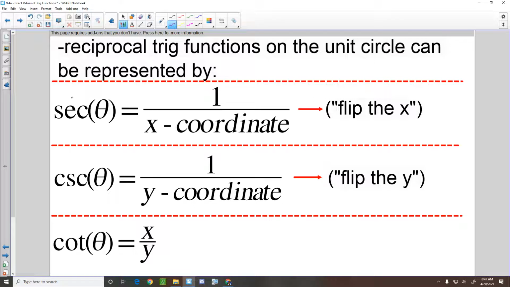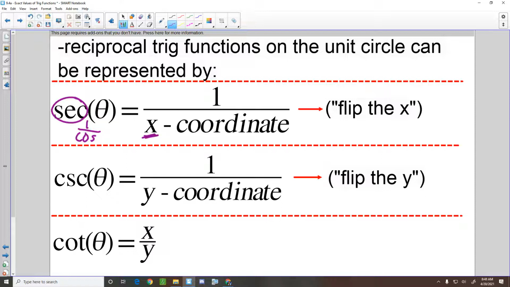if I start with secant, remember that secant is 1 over the cosine. Is cosine the x-coordinate or the y-coordinate? So I always think about that. I think secant is 1 over the cosine, and cosine is the x, right?